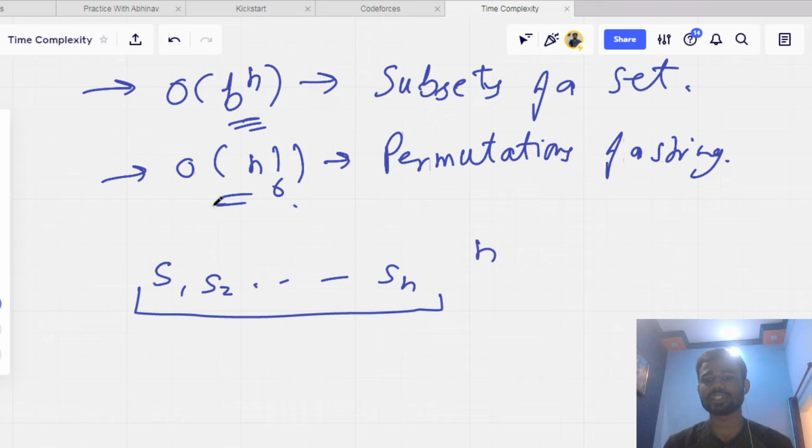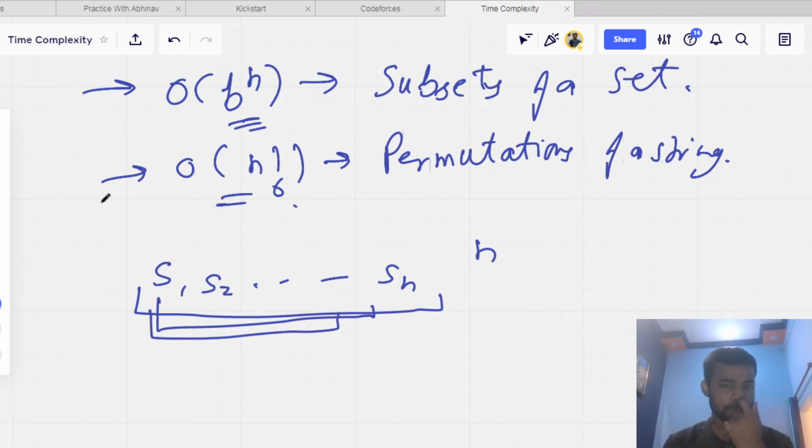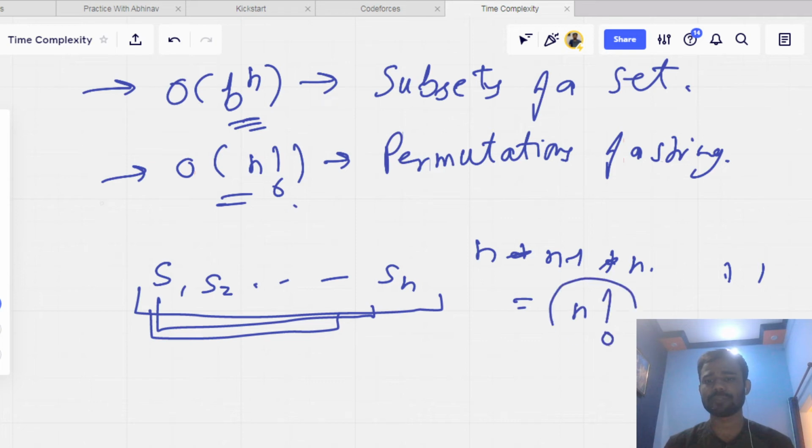It will take n permutations. Then we will discuss for the n minus 1 substring, then for n minus 2, like this. So it is n into n minus 1 into n minus 2 up to 1. That is why the time complexity is n factorial.